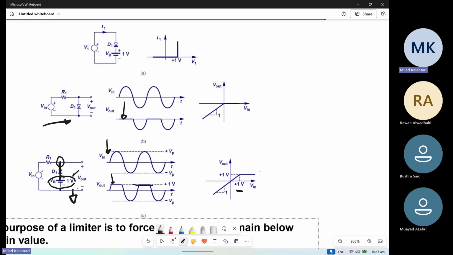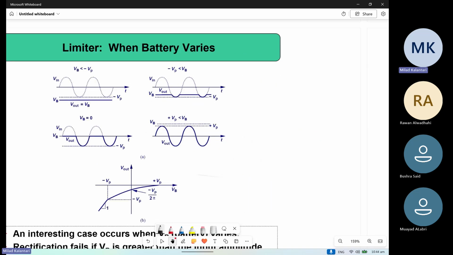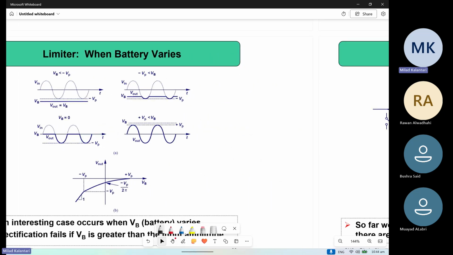So this level of the clipping, if you change the V battery, then you can move this clip even higher, right? So that V out is always similar to V in. Or if you change the VB here, somewhere here, it starts clipping at these regions. If you make it negative, it will be here, it clips from here, something like this. It's trying to describe how this battery level is changing the output.